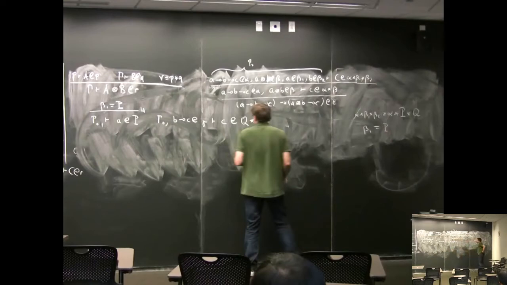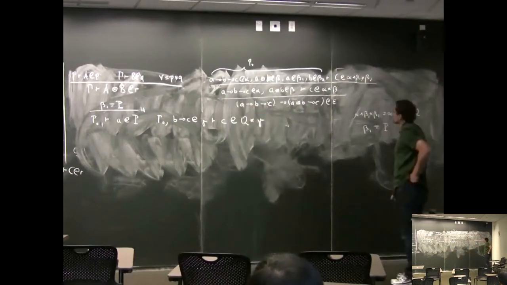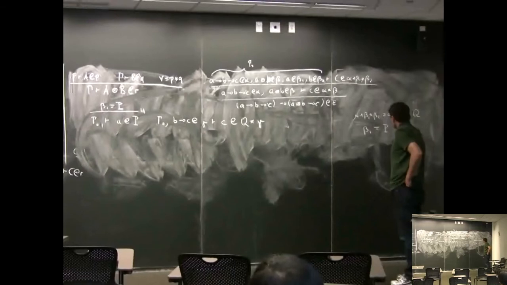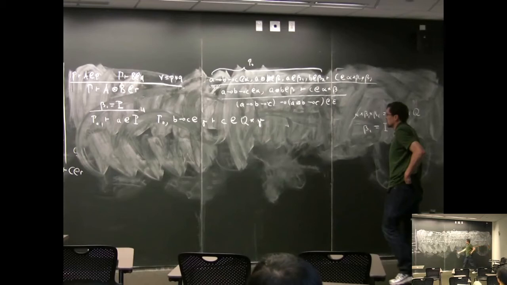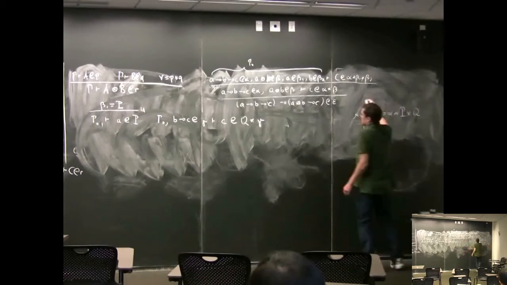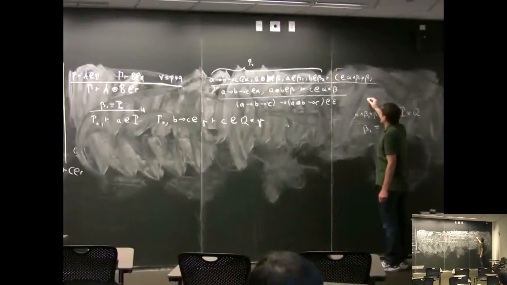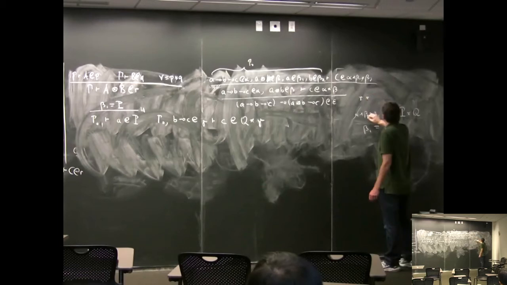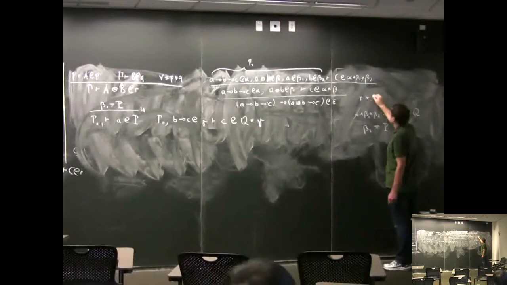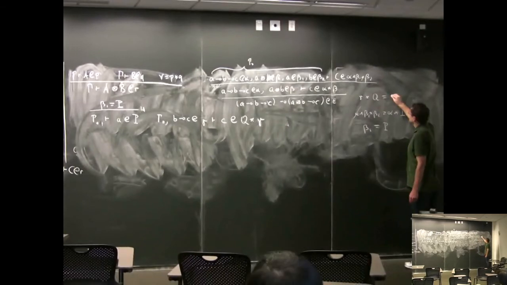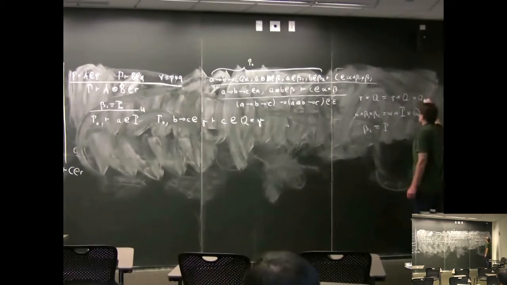What would we do over there? We have to apply the left rule for the implication again, and what do we find in that case? We want to apply to this, so we would get that gamma times some Q equals gamma times some new variables Q1 times Q2.